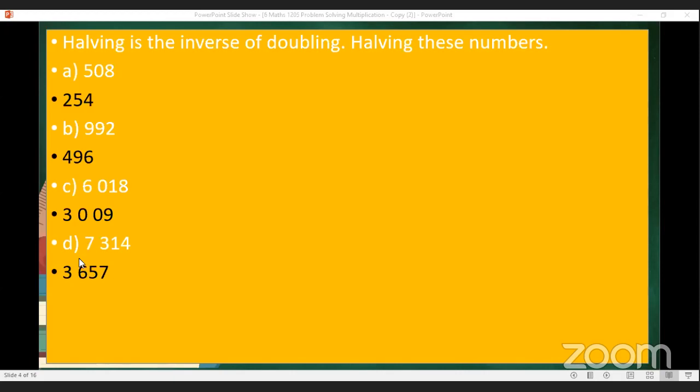Okay, and then number D is 7,314. So we start working from the front of the number, remember, also when we do division, you must remember that. We say half of 7 is 3, because it's 2, 4, 6, remainder 1. The remainder, we put it in front of 3, so that we have a 13.